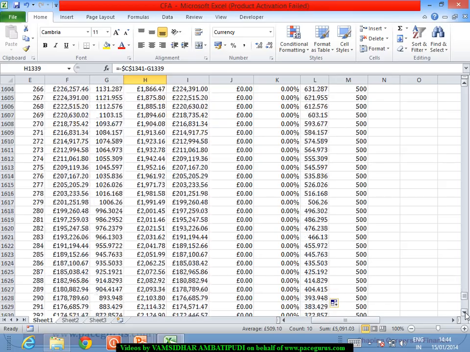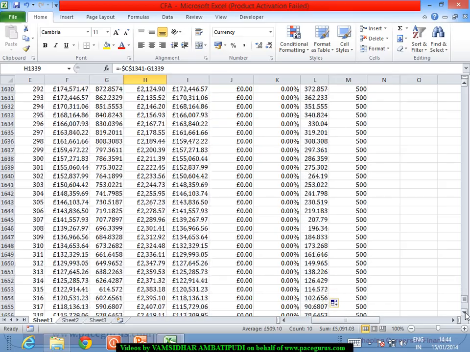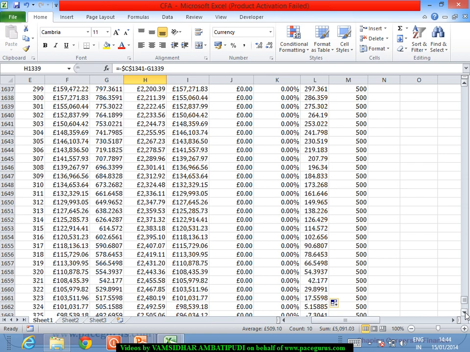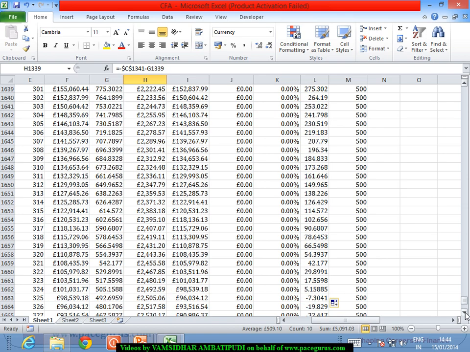You see here, in the 325th month or 324th month, the loan that is outstanding is $101,031.